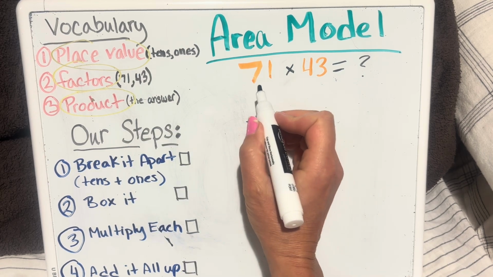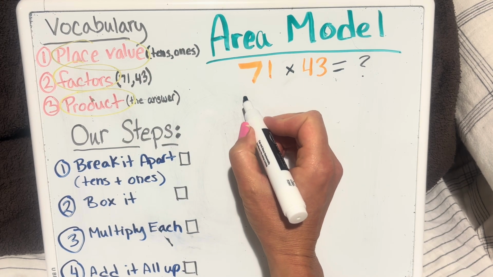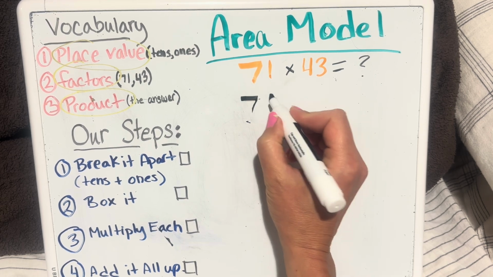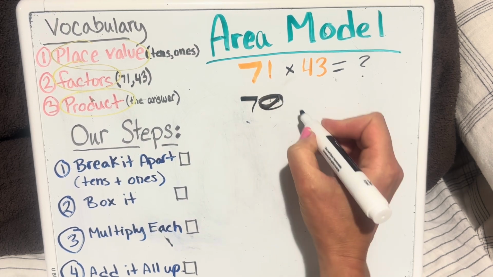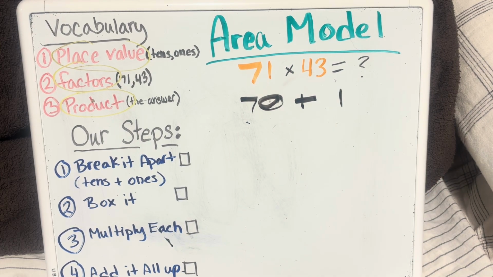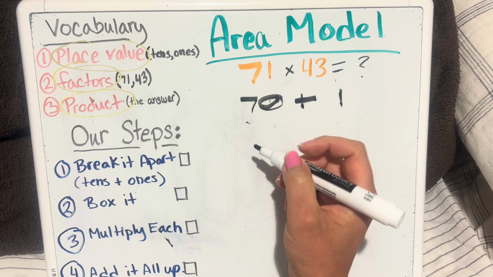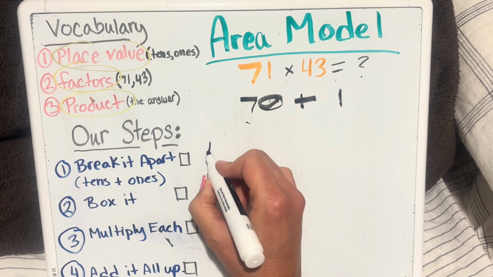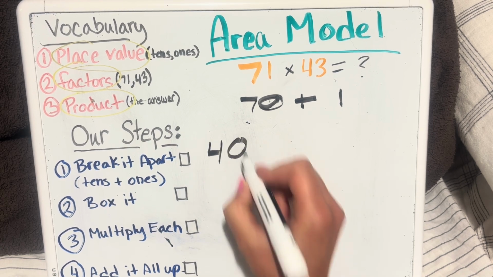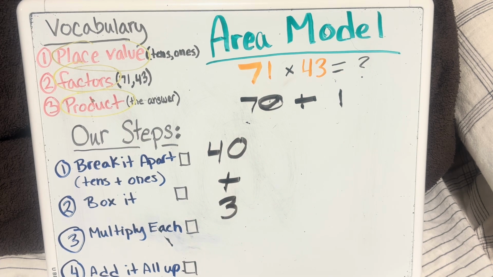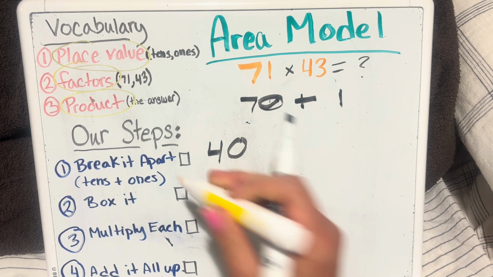So if we break 71 into place value, it would be 70 plus 1 one. If we break 43 up into our place values, then it would be 40 plus 3 ones. So that is our first step.